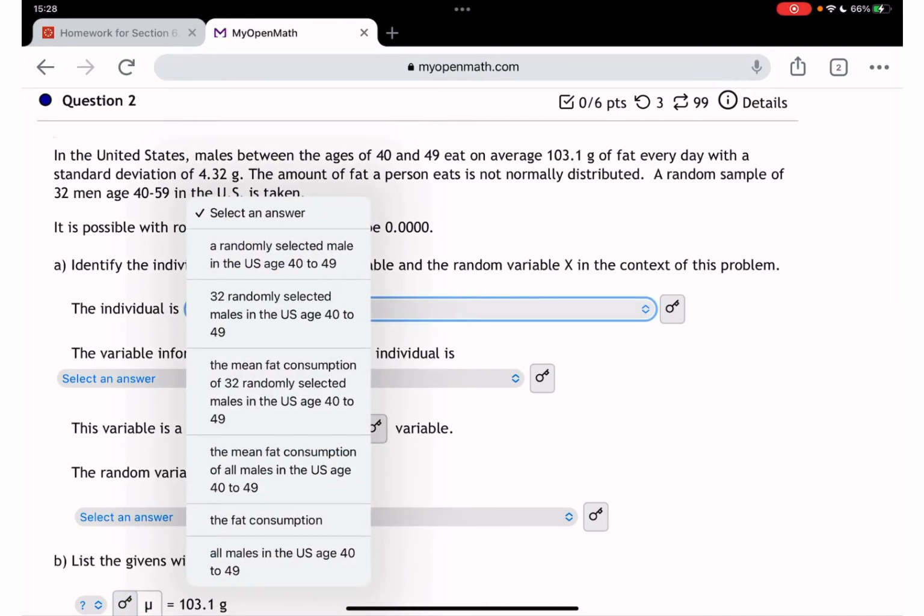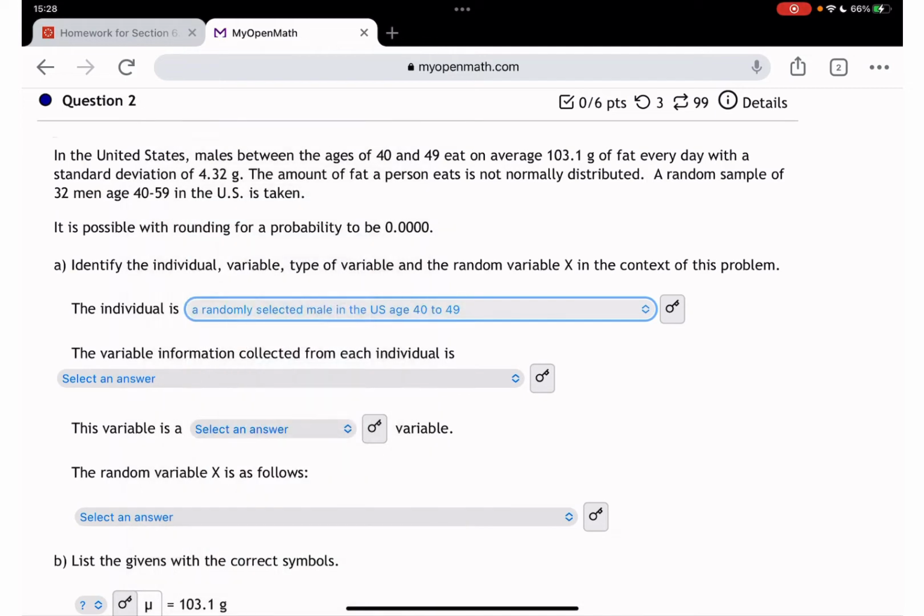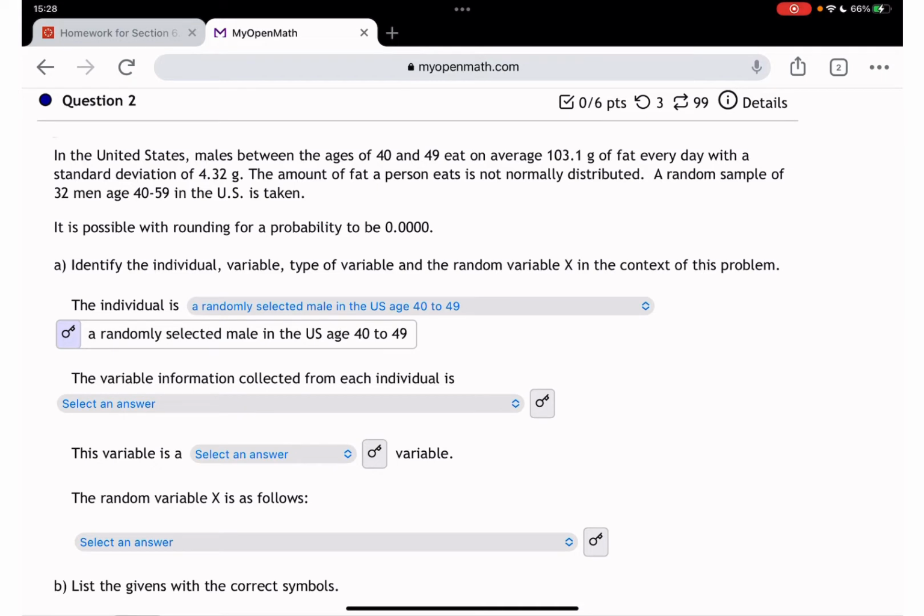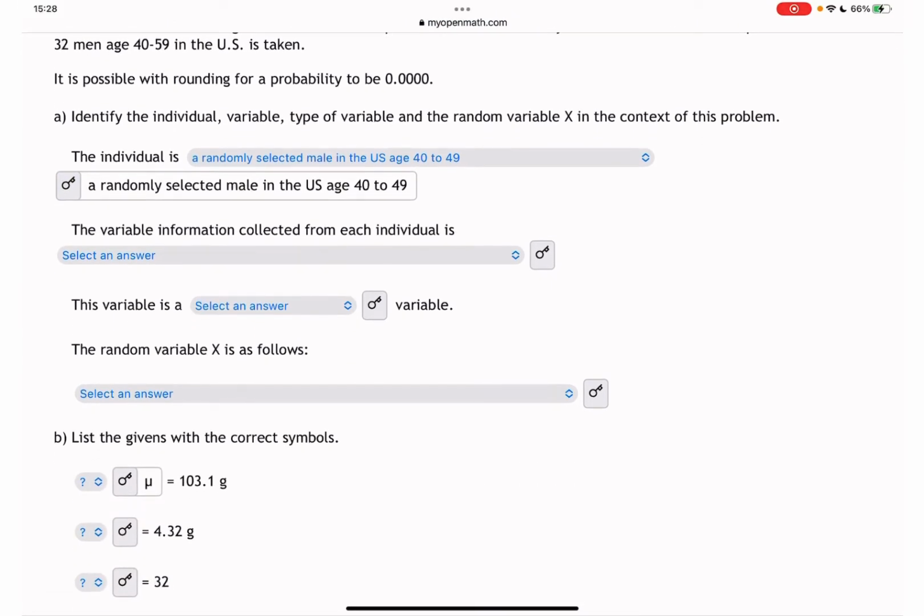I would say randomly selected male. Correct.